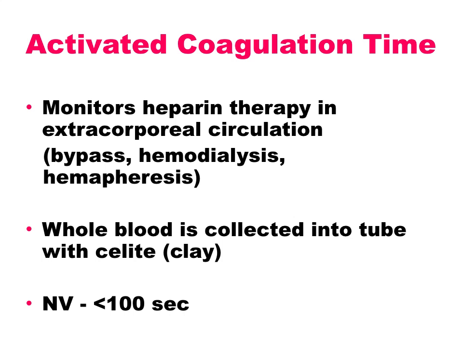Now we have the activated coagulation time. This one also monitors heparin therapy. However, this is utilized in extracorporeal circulation, such as in cases where patients are undergoing bypass procedure, hemodialysis, or hemapheresis. The whole blood is collected into a tube with celite or clay, and the normal value is less than 100 seconds.